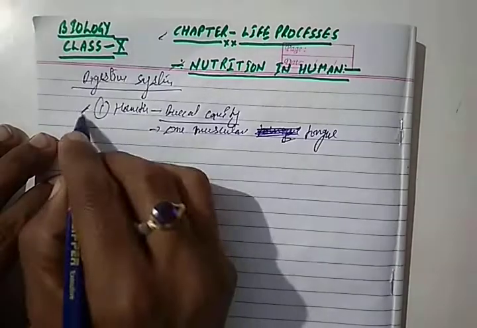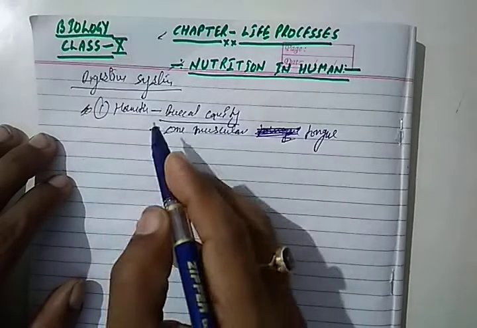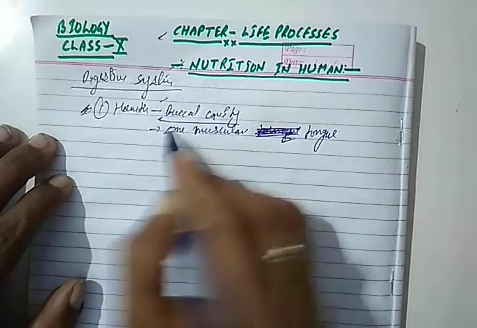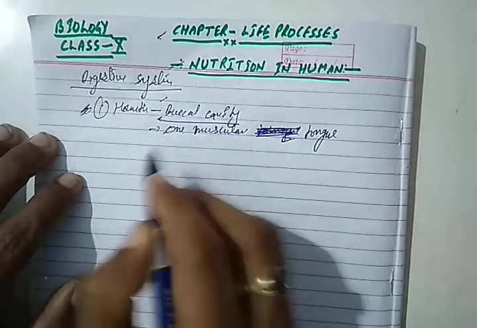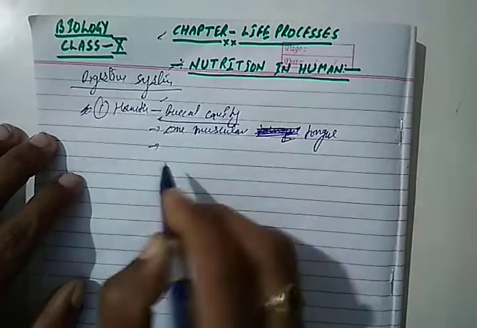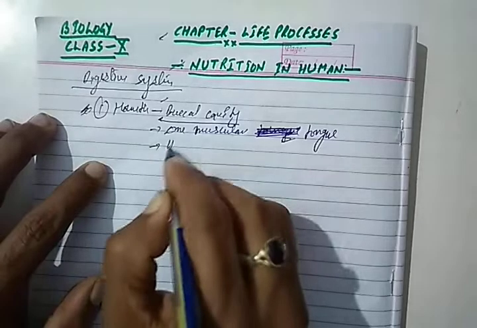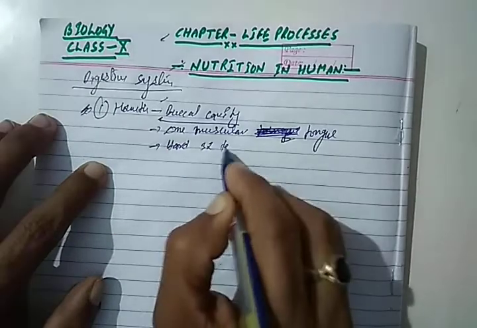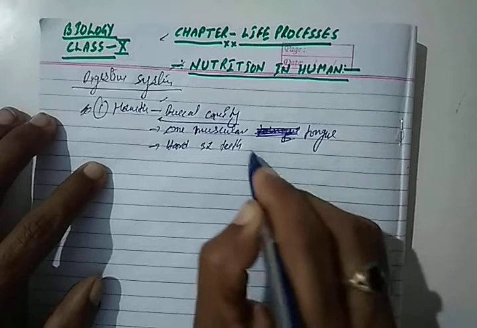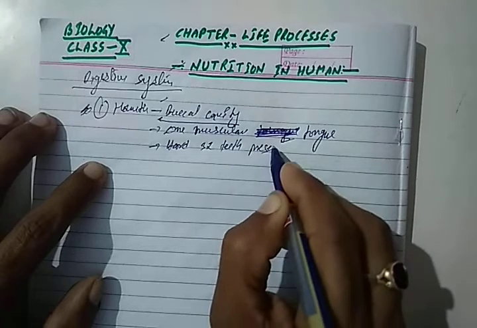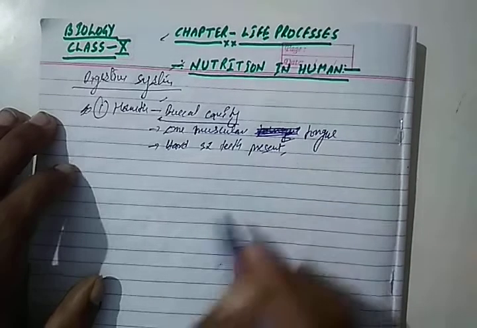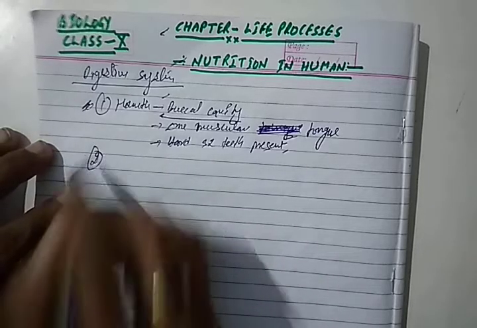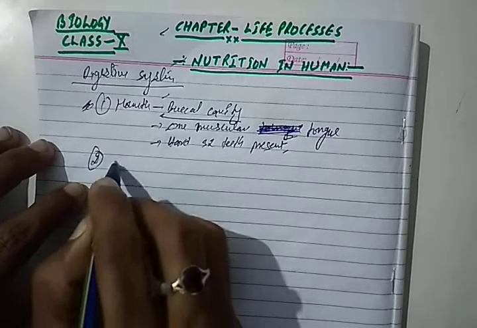First, the first part of the alimentary canal is the mouth. The cavity inside the mouth is called the buccal cavity. Inside the buccal cavity, there is one muscular tongue and 32 hard teeth present. Next, number 2, esophagus.